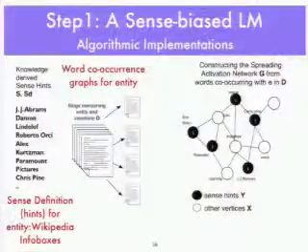So we assume a sense definition from Wikipedia info boxes. You could grab this from anywhere else. What you're seeing here is an example of a sense definition for Star Trek. These are just other entities that are related to the entity of interest, and assume that we're in the movie sense right now. The spreading activation network itself is a word co-occurrence network generated from words that occur around the entity.